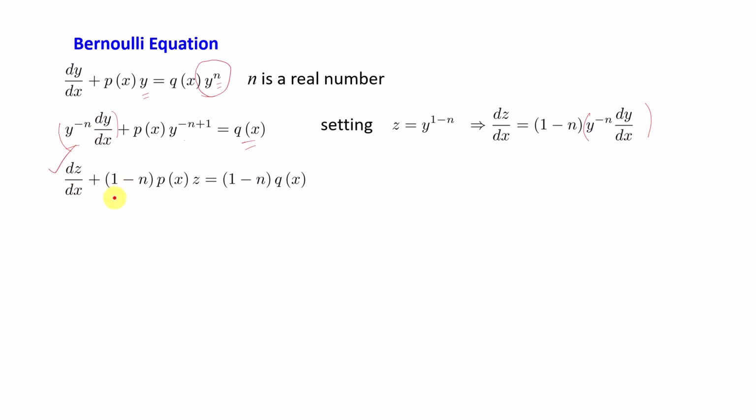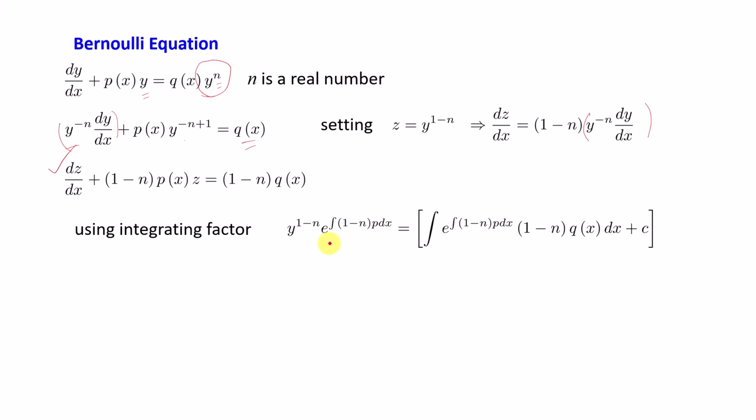This now looks like our previous form of equation that we have just solved using the integrating factor. So the solution, once again, this e to the power integral 1 minus n p(x) dx, that would be my integrating factor, and z is y to the power 1 minus n. So we'll come to this relation using the integrating factor, and the solution follows.